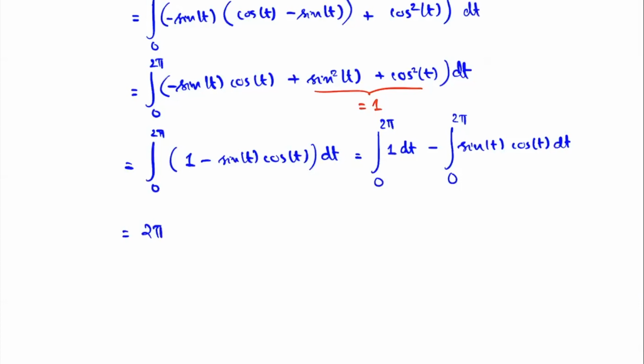And there's a trick that we're going to learn later on in this course, that if you integrate an odd function over a symmetrical domain, it'll be 0. Look at it. So this is an odd function right here. Sine is odd, cosine is even, so therefore the product is an odd function. 0 to 2 pi is a symmetrical domain.